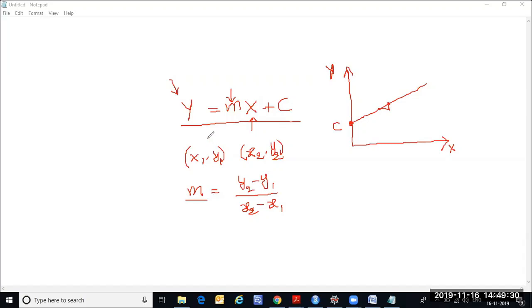So what is the slope? The slope tells us to what extent your x is influencing y. In other words, this m is also called the coefficient of x. Are we clear about this, friends? Any questions you can ask me.